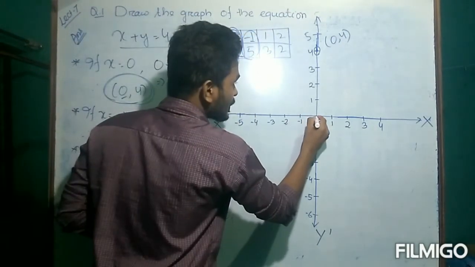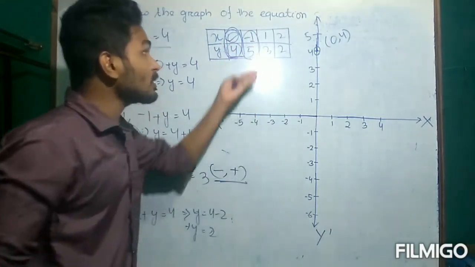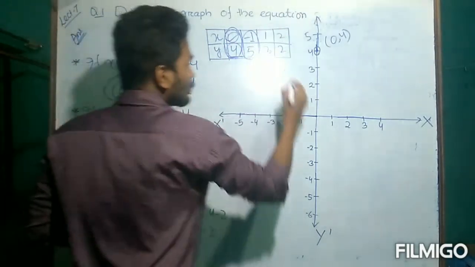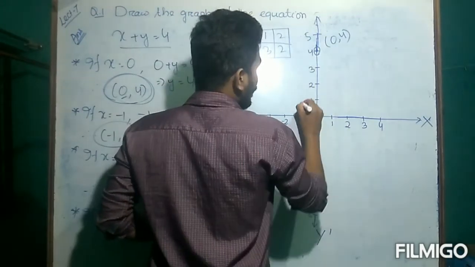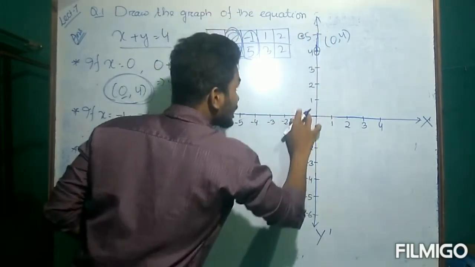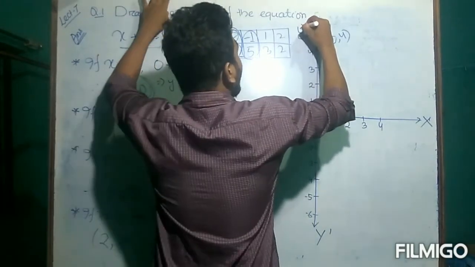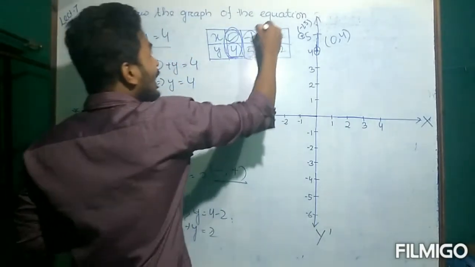So let's move. This is your -1 unit. Now you have to move 5 units in the positive direction of the y-axis. So let's move towards the top. You can see this point represents -1, 5.